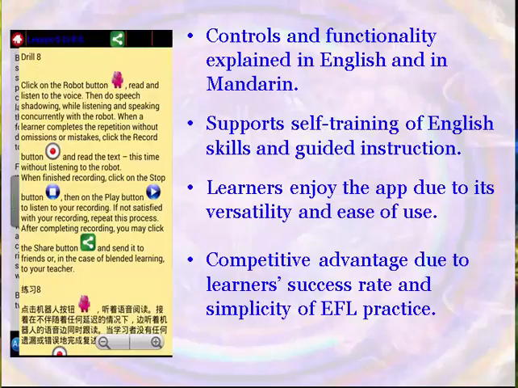Controls and functionality explained in English and in Mandarin. Supports self-training of English skills and guided instruction. Learners enjoy the application due to its versatility and ease of use. Competitive advantage due to learner success rate and simplicity of the practice of active training.